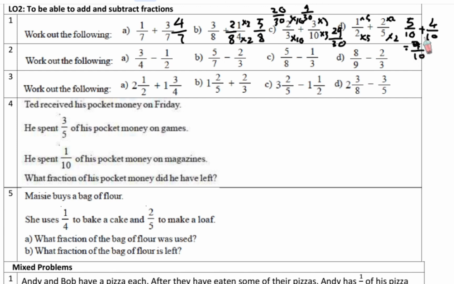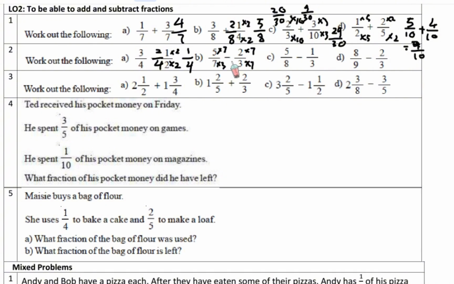Question 2. Work out the following. Since the denominator is not the same, we can multiply 2 by 2 and 1 by 2, which we will get 2 over 4. So our final answer would be 1 over 4. For B, we can multiply this by 3 and this by 7.